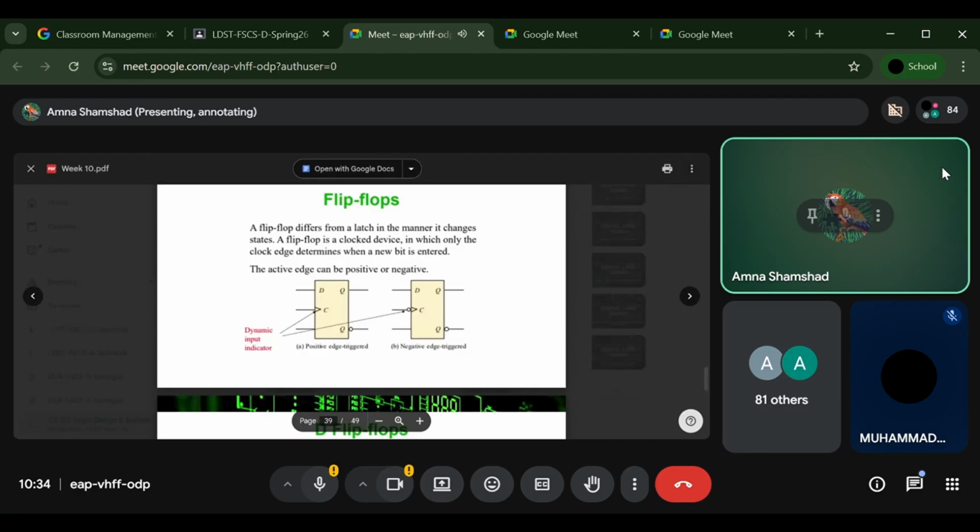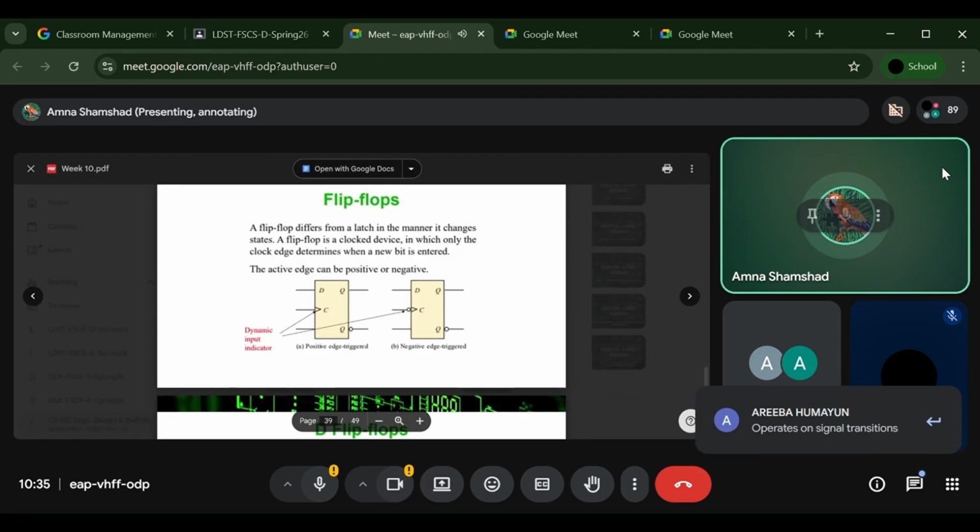Yes, it stores one bit at a time, and it's an edge triggering device. And one more thing that we can add now is that it is a type of synchronous sequential circuit as well.